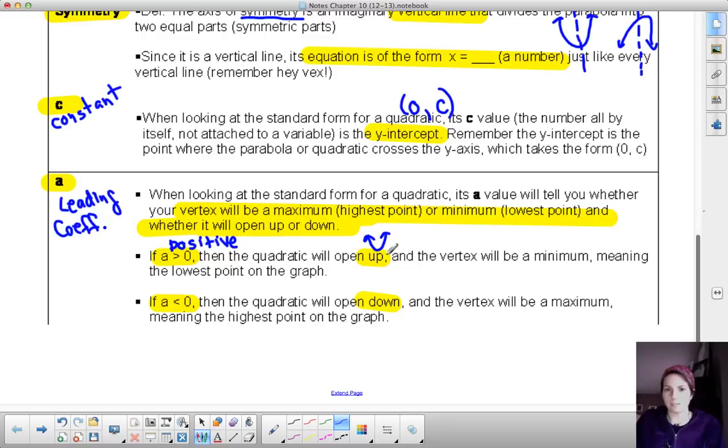And the vertex, this point down here, is a low point or a minimum. If the A value is less than 0, the A value is negative, then the quadratic will open down, so it faces this way. And the vertex, this point, will be a maximum.